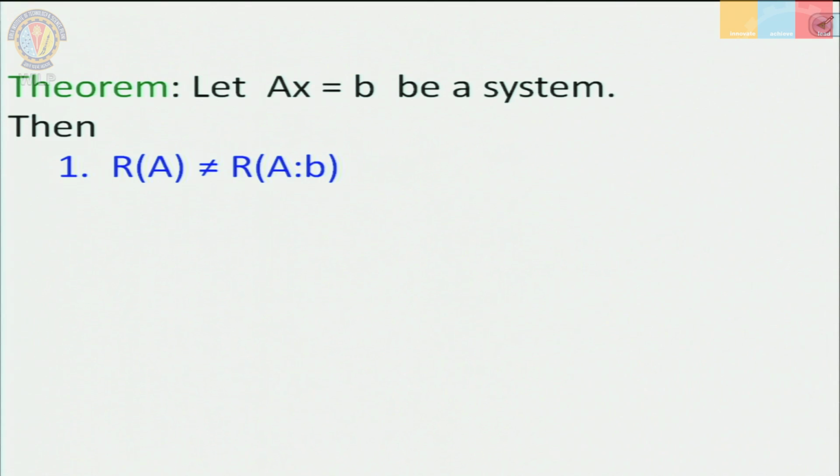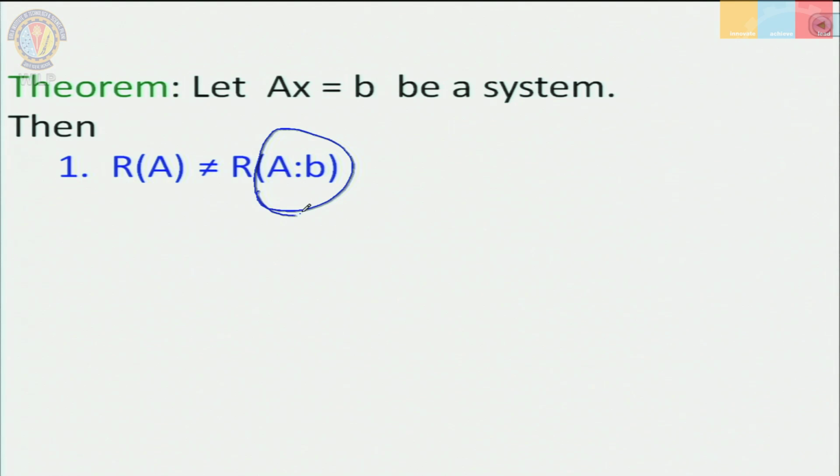Now suppose the system Ax = B is given and we want to solve it. First of all, find RA, the row rank of A, and the row rank of AB, which is your augmented matrix.